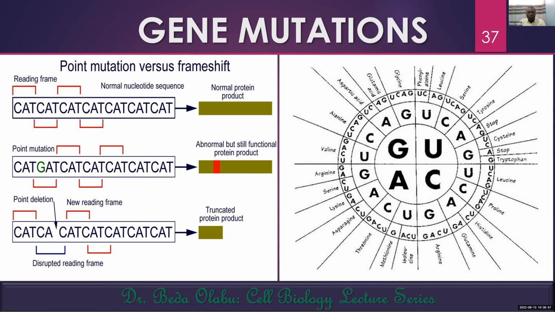Okay, so it could form a totally different protein in the body. So it will depend on the kind of mutation that has occurred. Most of the time, if you check carefully, some of these codes mean stop reading.